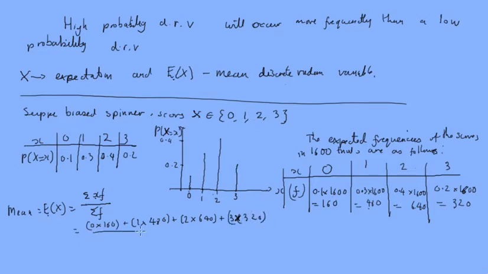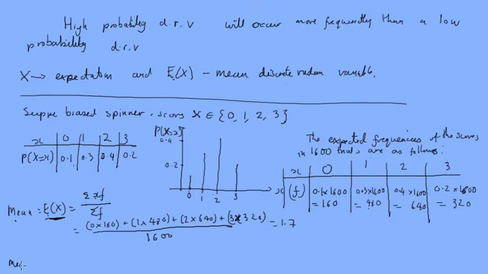And that would be divided by our frequencies, our 1600 trials, and that gives us 1.7. Now, we can obtain the same value of expectation, so our same mean, if we replace the frequencies with probabilities. So let's look at this.